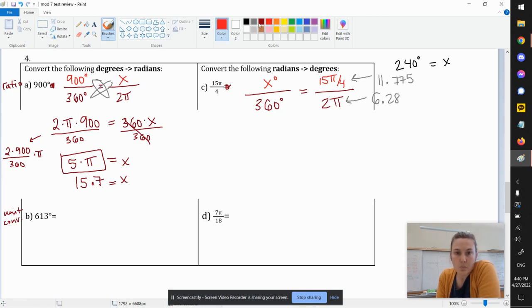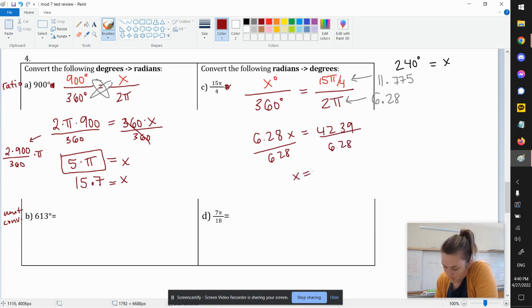And then when we cross multiply, we get 6.28 times x equals 11.775 times 360, which is 4239. I'll divide both sides by 6.28. Divided by 6.28. And I'll get that my degrees are 675 degrees.